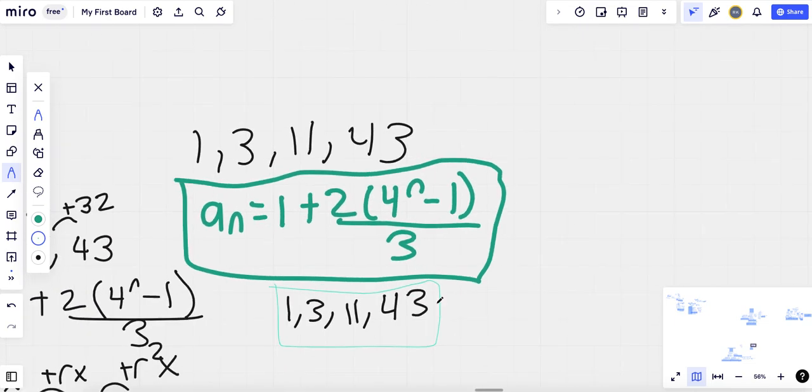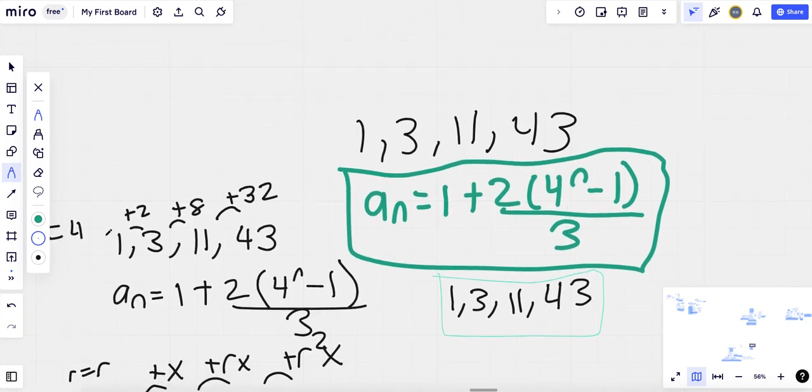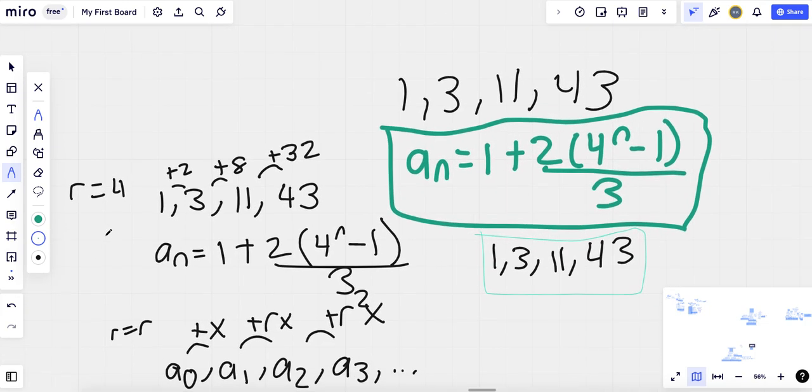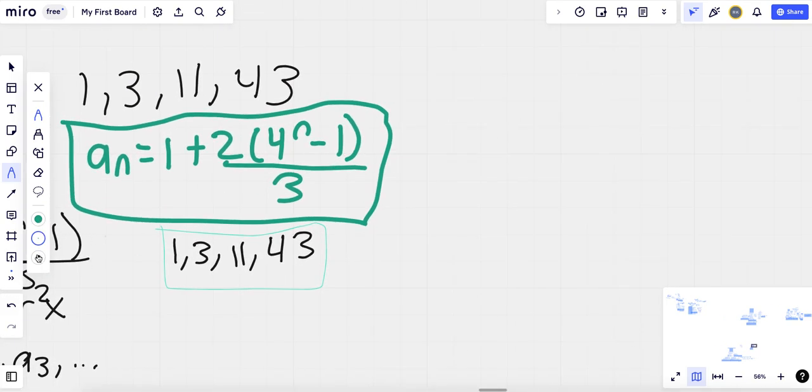And this can work for any sequence we're given which has a common ratio between the differences. And it's always a shifted form of the geometric sequence, and this can be shown right now.